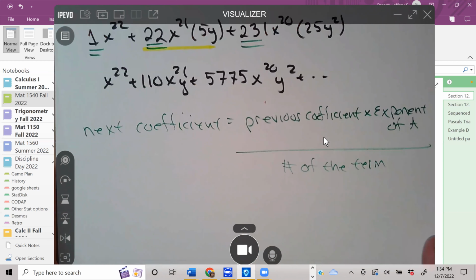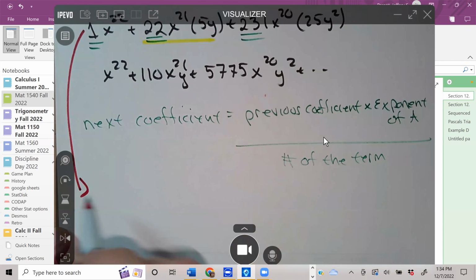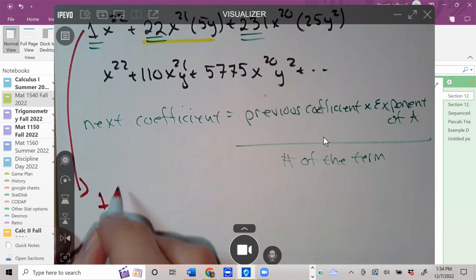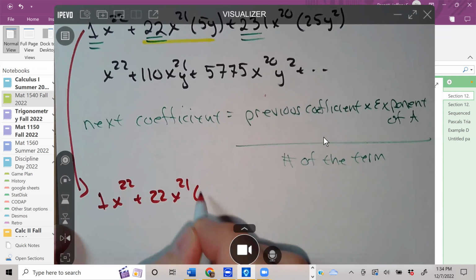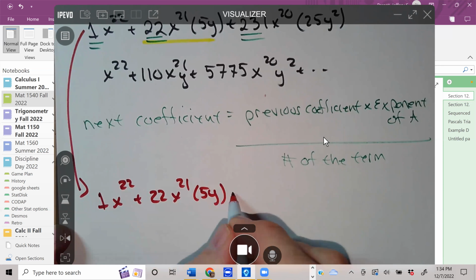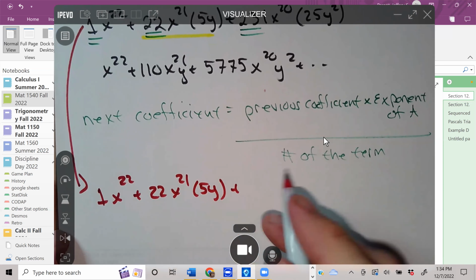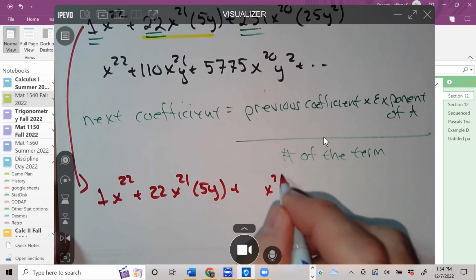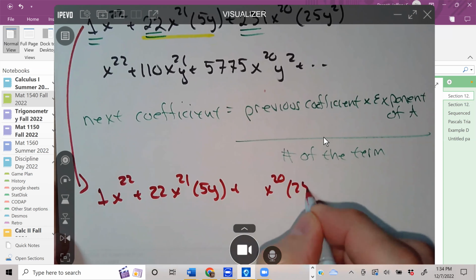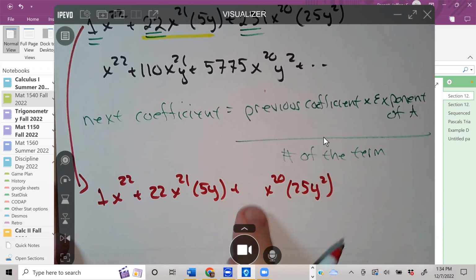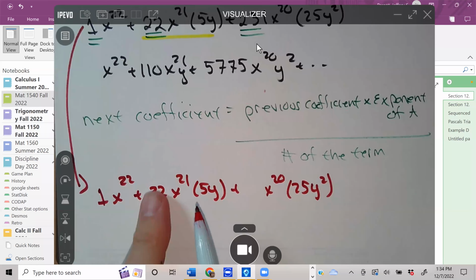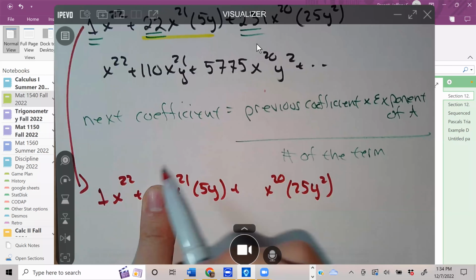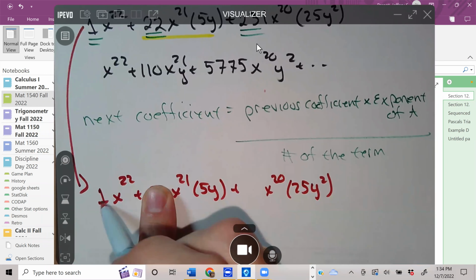Let me rewrite this down here. 1 x to the 22nd plus 22 x to the 21st, 5y, etc. And then I had x to the 20th times 25y squared. But I need to fill in these coefficients. So this says if I want the next coefficient, I'm going to take the previous coefficient times this exponent.